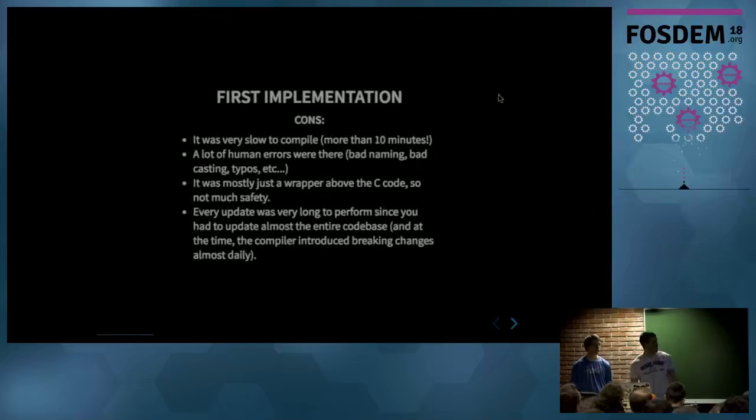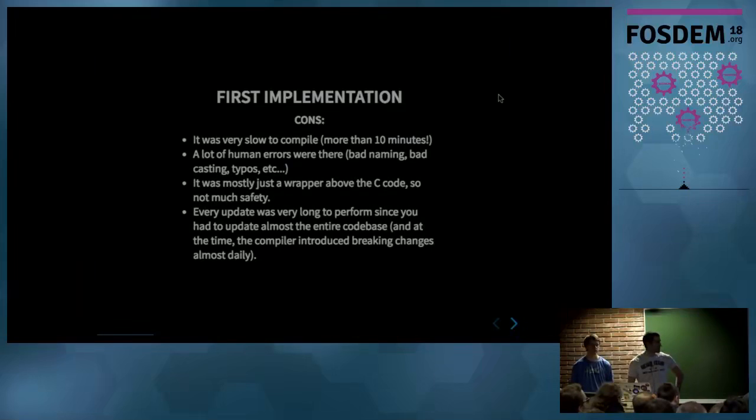So now the cons. At the time it was very slow to compile. We were still in 2015, and we had a huge macro to generate all the signals. It wasn't very efficient. Since it was bound by hand, there were a lot of typos, human errors, casting errors.